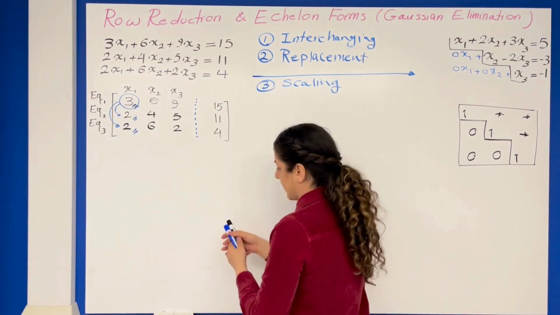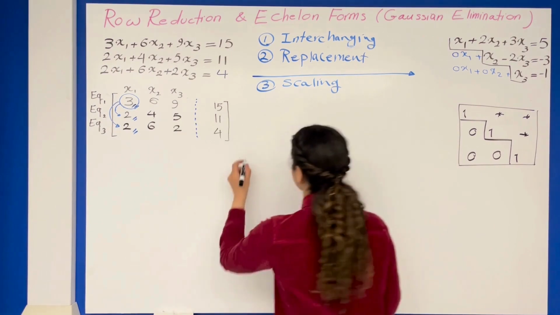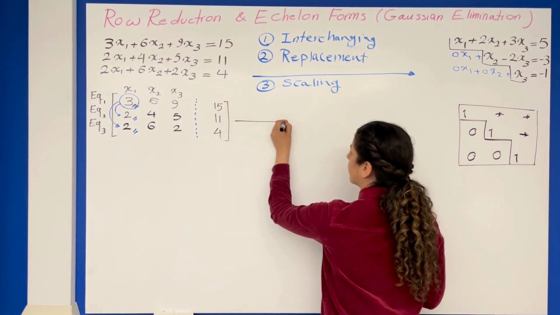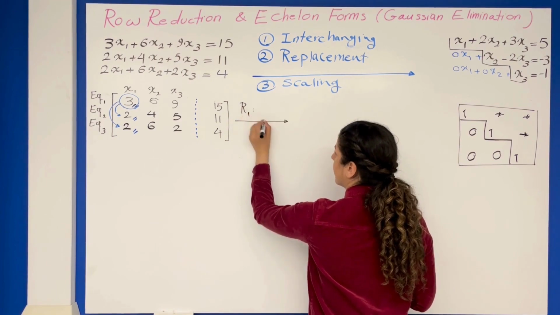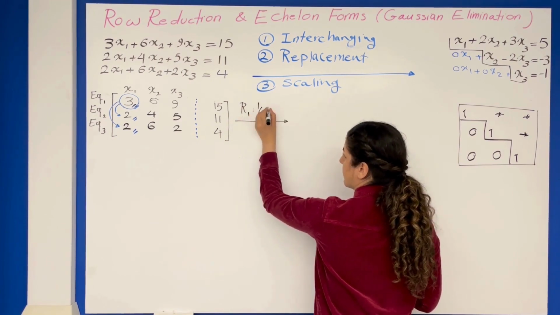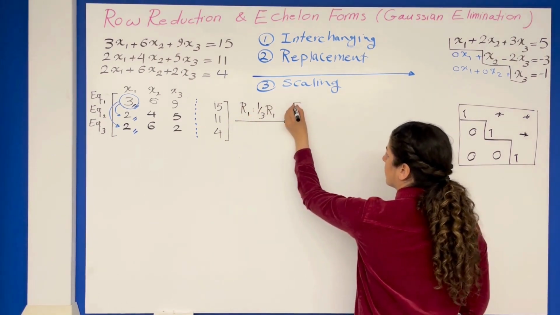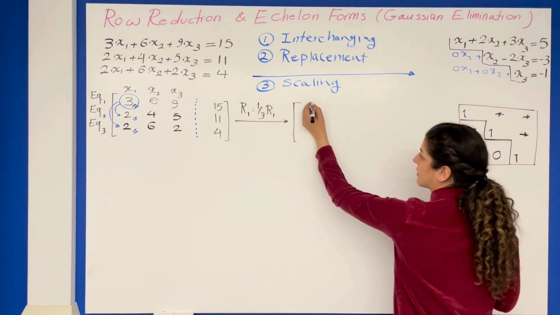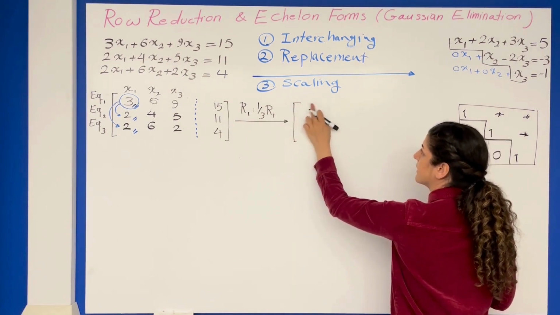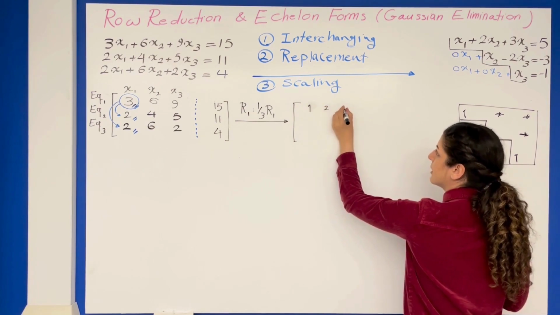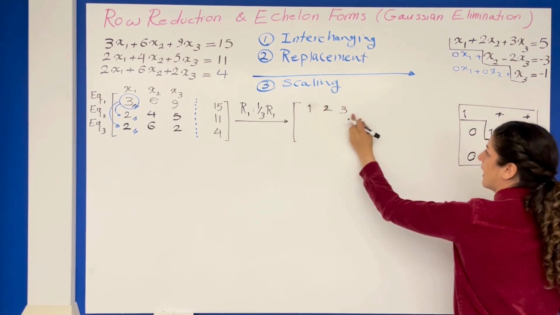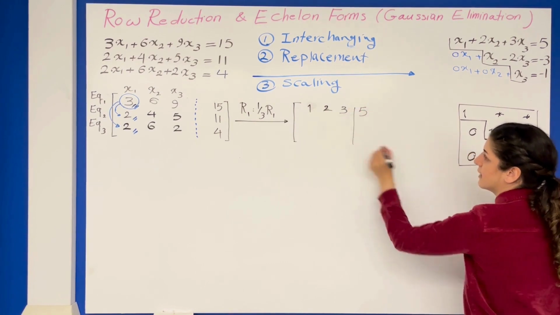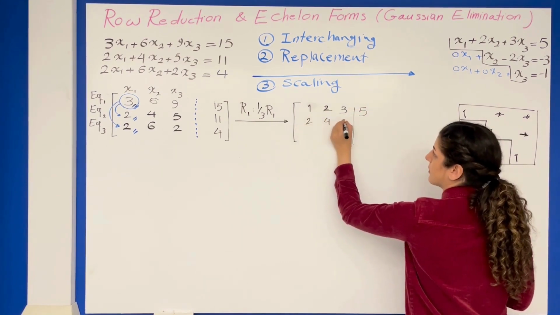So I'm going to use scaling. So row 1 is scaled by 1 over 3. So the new matrix looks like 1, 2, 3, and 5. And I just rewrite down the other rows.